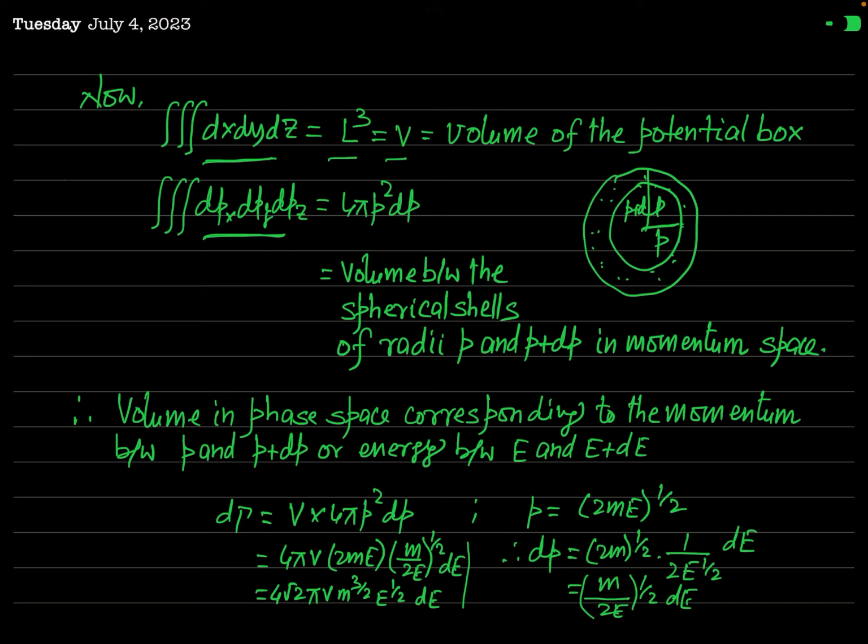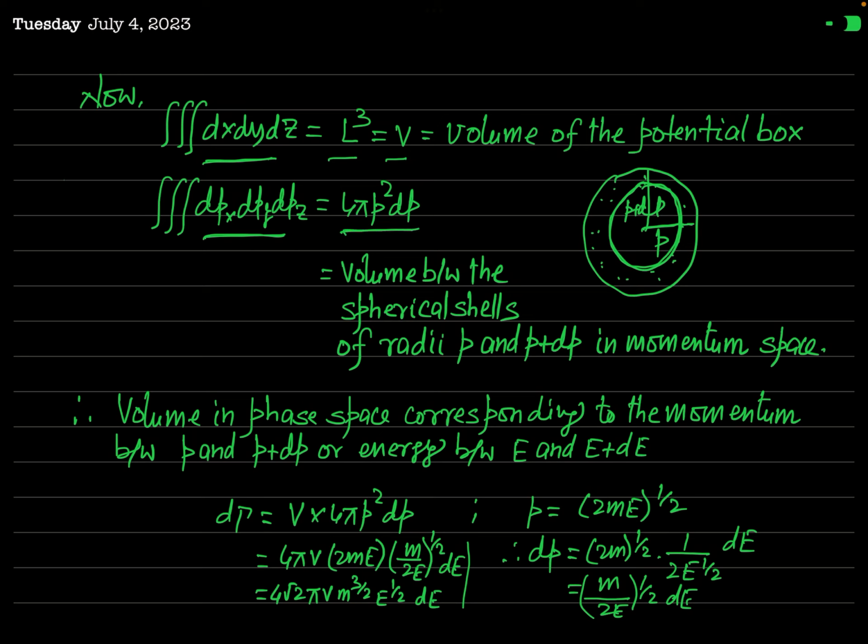And this volume will be equal to 4 pi p square dp. You can think that 4 pi p square is the surface area of this sphere of radius p, and when you multiply that by the thickness dp, you get the volume. So this integral is simply equal to 4 pi p square dp.